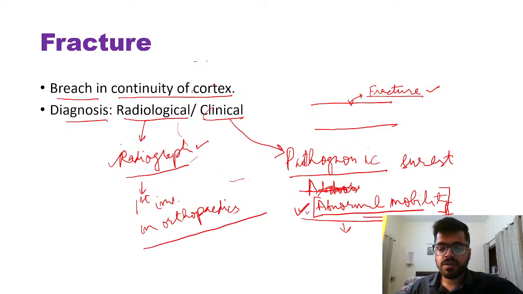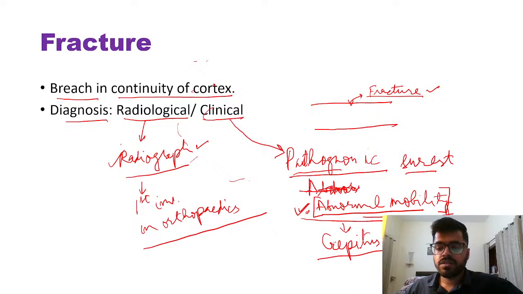If this is not given in the question, for example, they ask pathognomonic sign or the surest sign, then you can go for the next best thing, which is crepitus. But what is crepitus? If this is the fracture end, and when we move it, it will lead to the feeling of crepitus, that grating sensation you feel, that is crepitus.